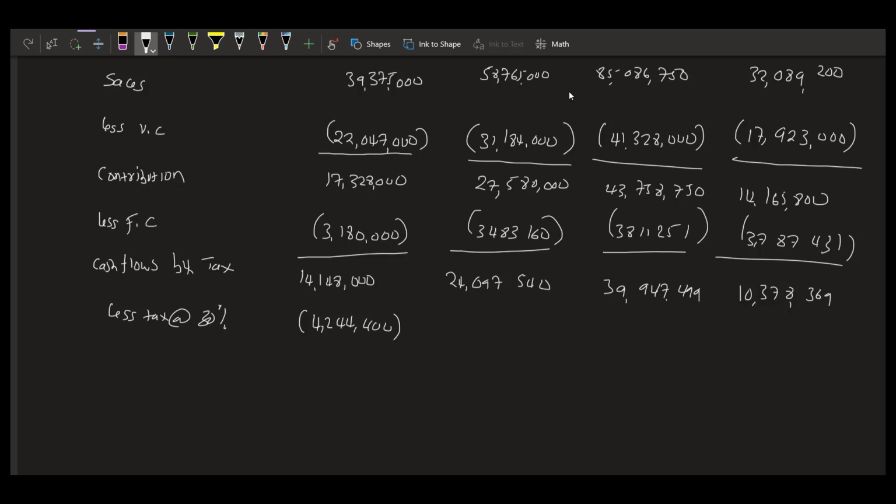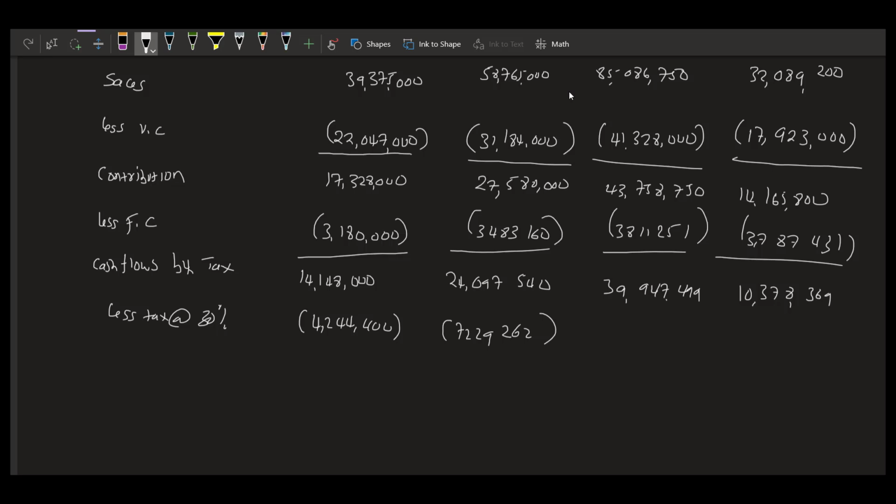I have multiplied the next one: 24,097,540 multiplied by 30%, we get 7,229,262. The next one, we take 39,947,499 multiplied by 30%.